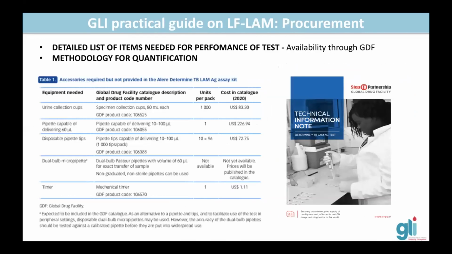Last but not least, there is also guidance regarding procurement. The guide includes a detailed list of items that are needed for the performance of the test, and that they are currently available through the Global Drug Facility, GDF.